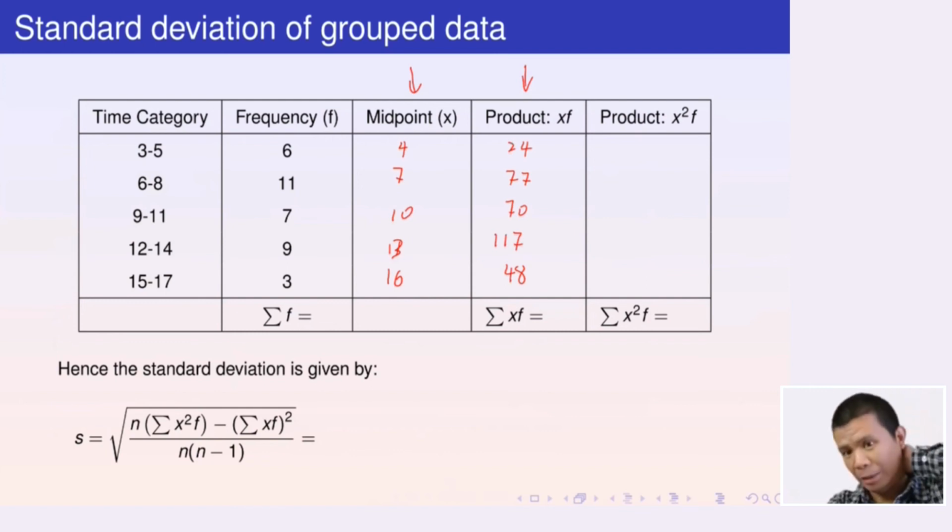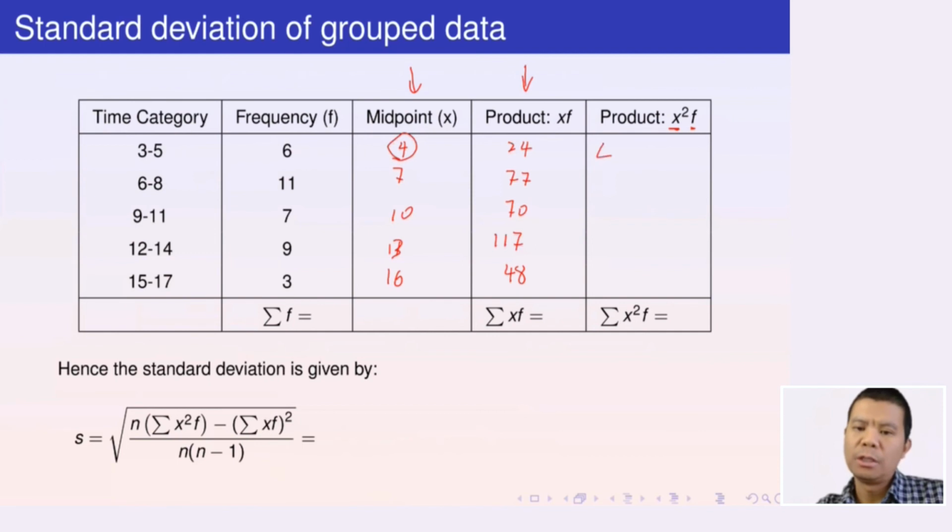Finally, you need to find the product x squared f. Be careful here: it is taking the square of x and then multiplying by the frequency. You have to be careful which is x and which is the frequency. These midpoints are the x values.